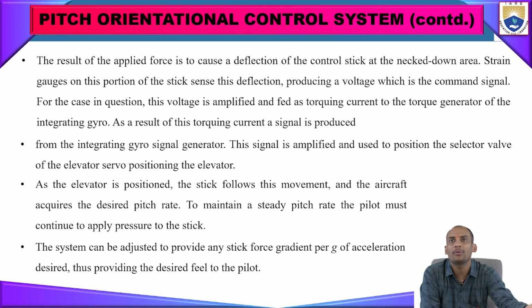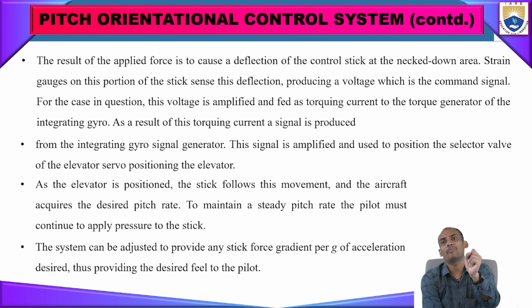The strain gauges at the neck-down area of the control stick sense the deflection of the stick, producing a voltage which is the command signal. The voltage is amplified and fed into the torquing current. Torquing current means what?